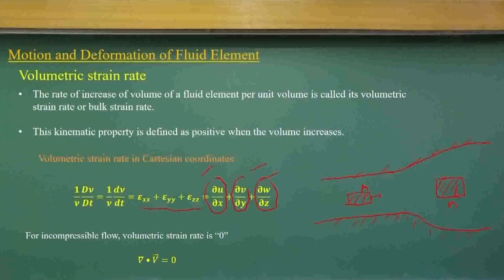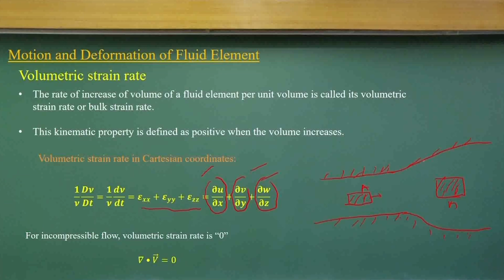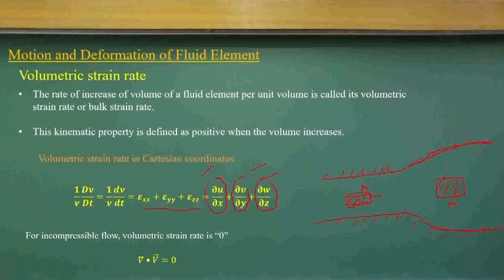In fluid flow problems, this is easy to see: a smaller diameter pipe is connected to a bigger diameter pipe. When a fluid element goes from this point to this point, it has to expand, so there will be a linear strain rate, and because of that there will be a reduction of width. So whenever a fluid particle passes from a smaller to a bigger dimension or from a bigger to a smaller dimension, it goes through strain rate formation.